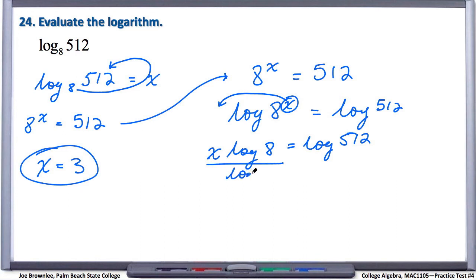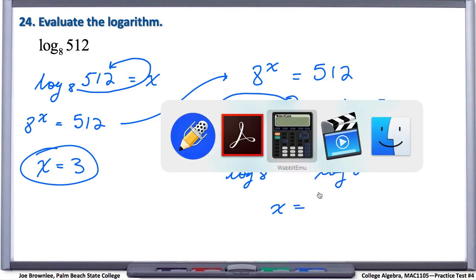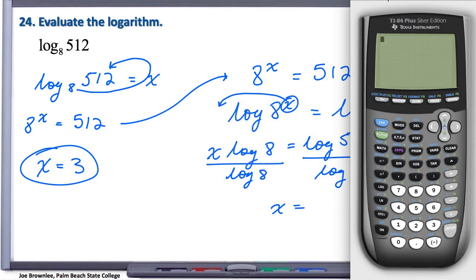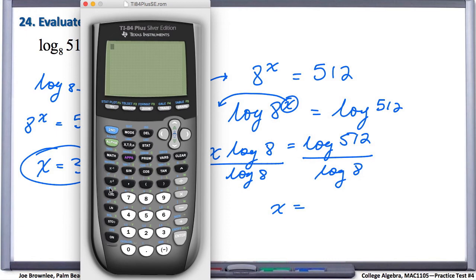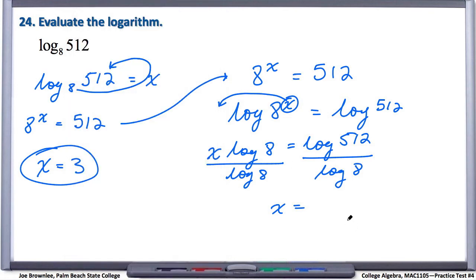We'll divide by the log of 8 on both sides, and we'll get x equals, and for this we'll go to our calculator: the log of 512 divided by the log of 8 gives us 3. So again, we end up at the same answer, x equals 3, just two different paths.